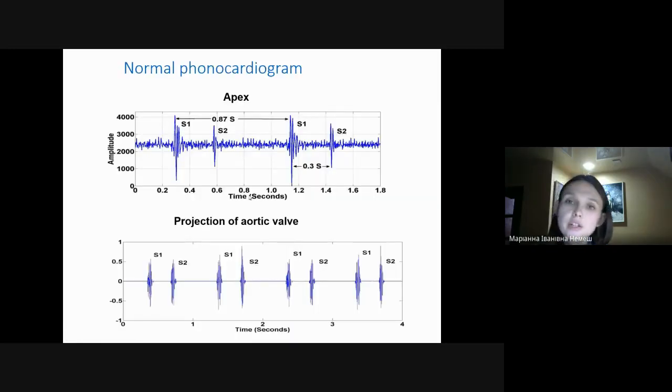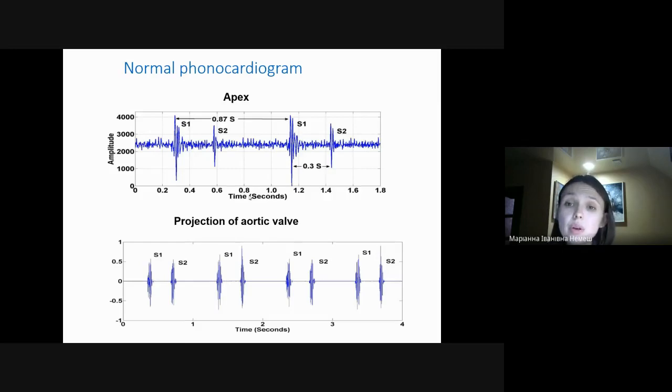So, phonocardiography. Phonocardiography is a method used for recording the electrical part of the sound, but there is also a microphone present which helps to hear the heart sounds.